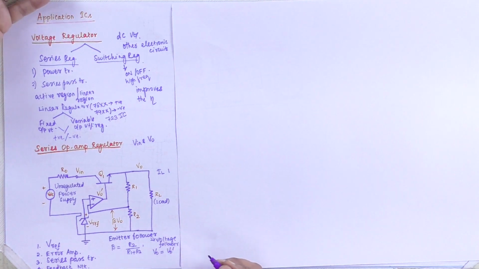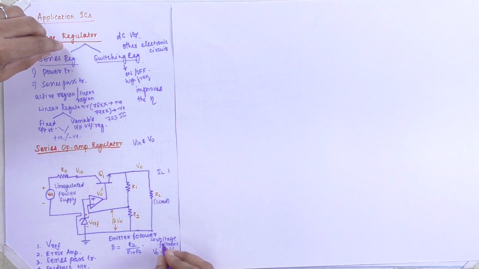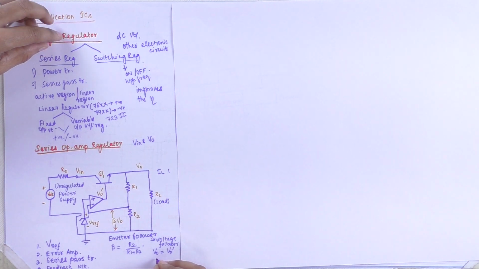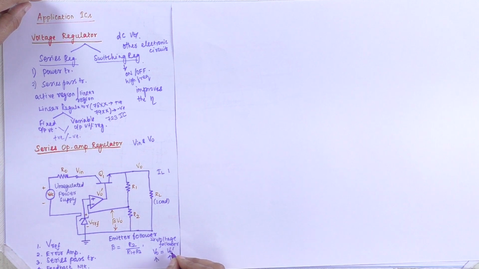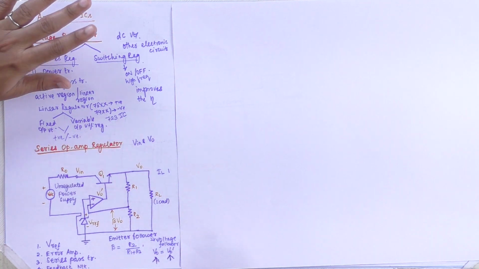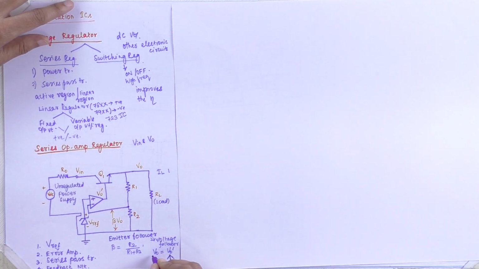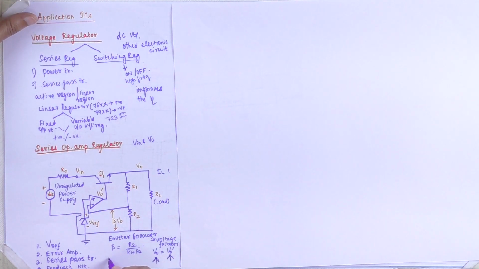If V0 is increased, ultimately V0 dash gets increased, and this V0 dash drives V0. So if V0 dash is increased, ultimately V0 increases. That's the condition if I am going to make a stable DC voltage, so I am going to make this V0 change nullified.